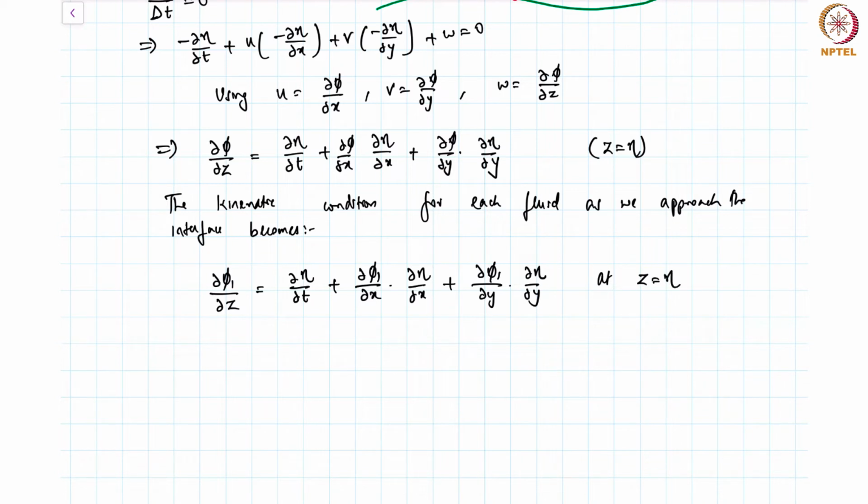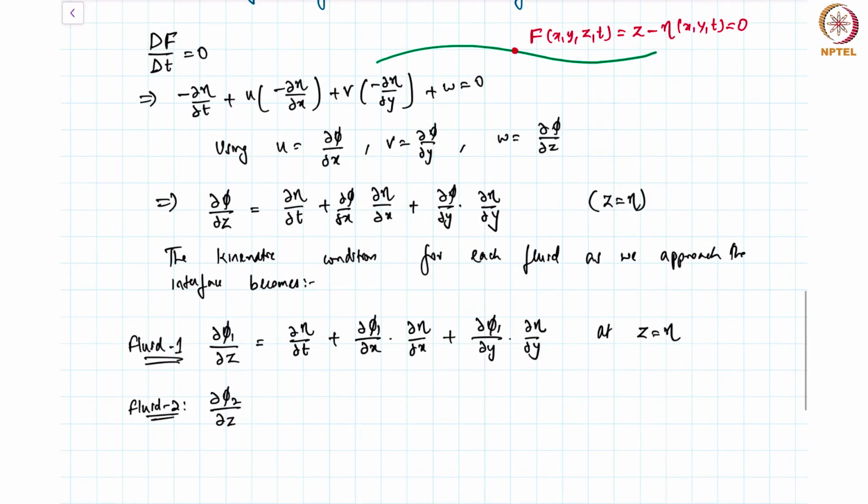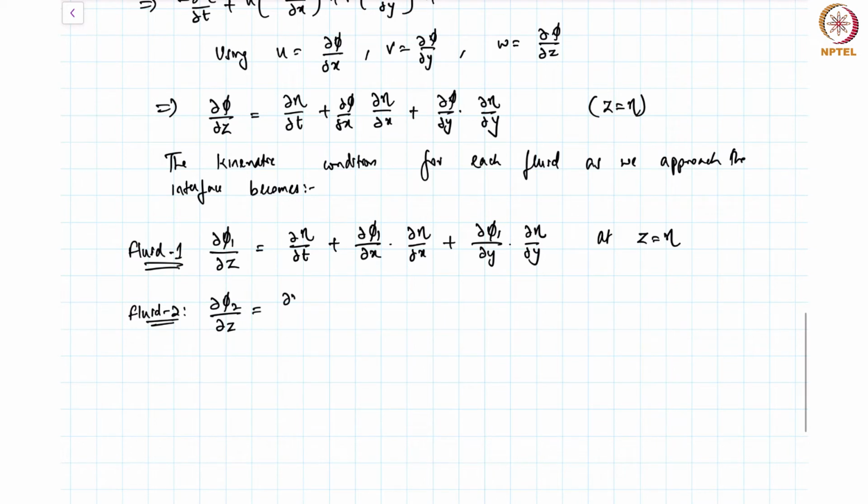This is for fluid 1. The same condition also has to be applied for fluid 2. So whether you approach from the top or the bottom, you arrive at the same point on the interface, again at z equals eta.